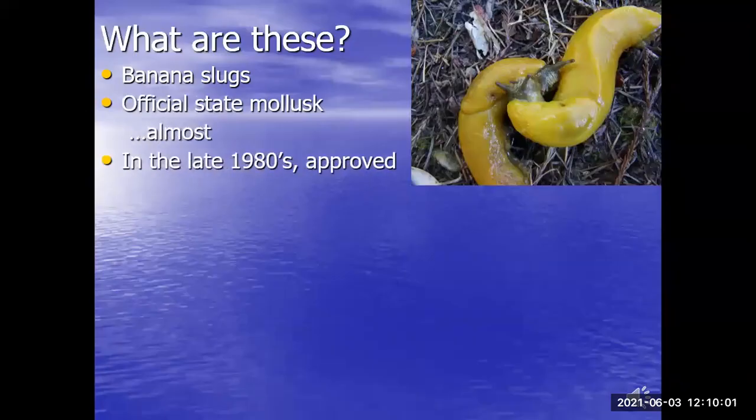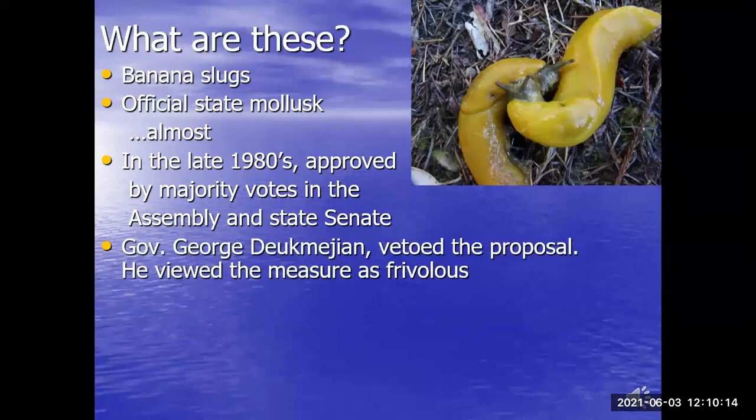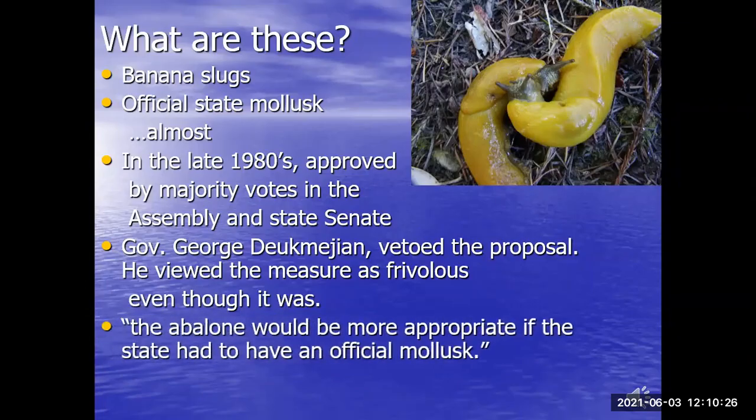In the 1980s, they were approved by a majority vote in the legislature in California, but that was struck down by the Duke. The Duke was George Deukmejian, who vetoed the proposal. He viewed the measure as frivolous, even though it was. His quotation: the abalone would be more appropriate if the state had to have an official mollusk. I agree. So there's the abalone right there.